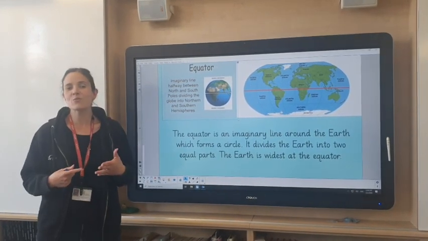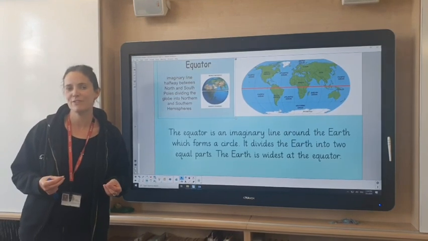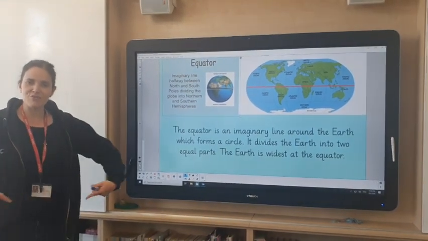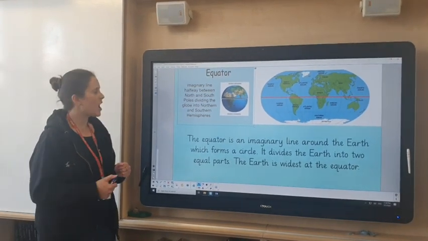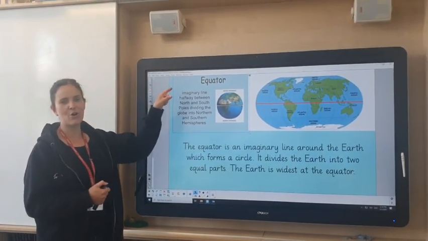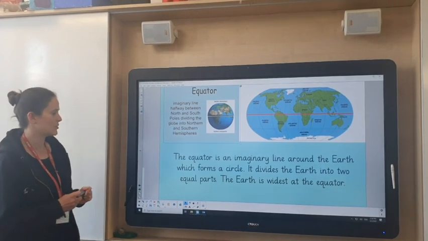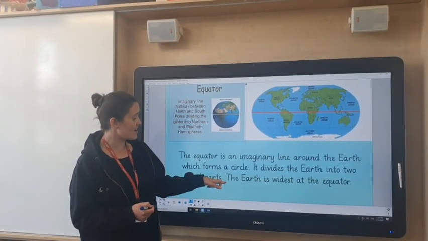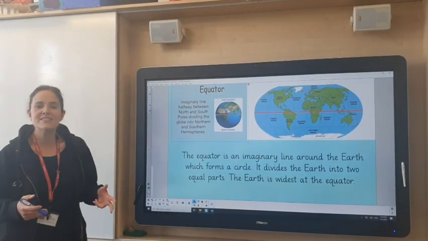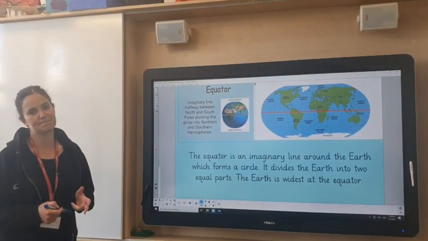It's kind of like the world is wearing a belt, if you like. Imagine a belt around the centre of the world. That's the equator, and we've got the northern hemisphere at the top and the southern hemisphere at the bottom. Another interesting fact to try and remember is the Earth is at its widest where the equator is.